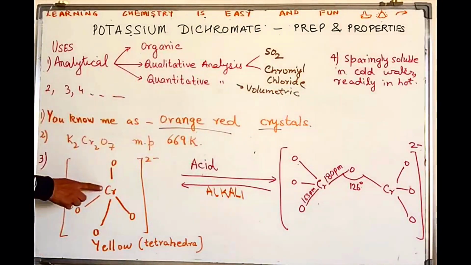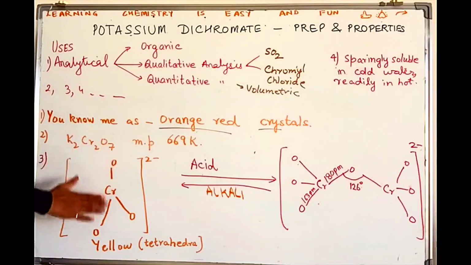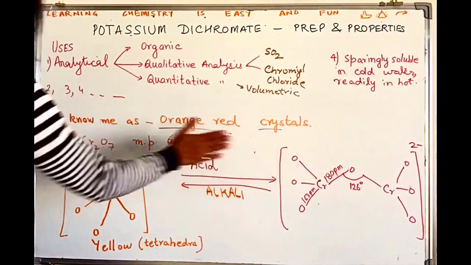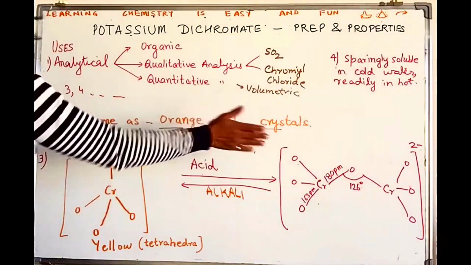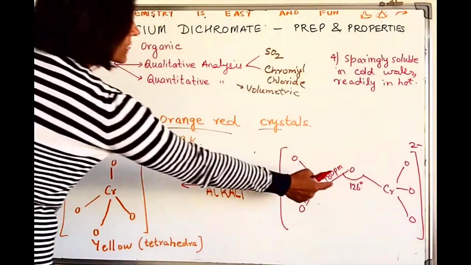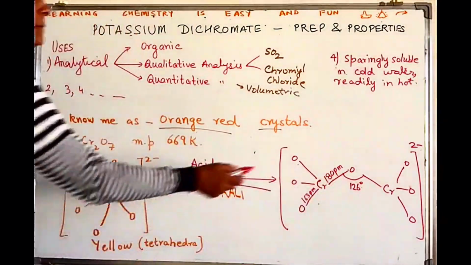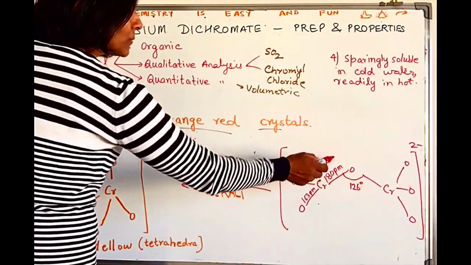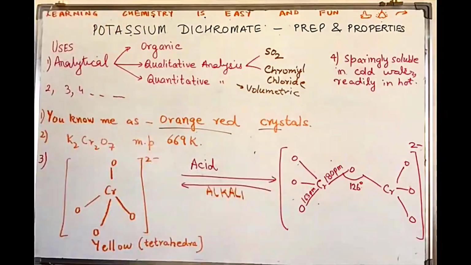So CrO4, when it has to form Cr2O7, 1 oxygen starts acting as a bridge between the 2 chromium atoms, giving a bond angle of 126 degrees, with bond lengths of 180 picometer and 163 picometer.